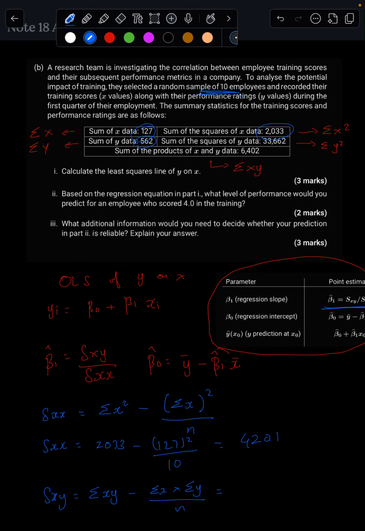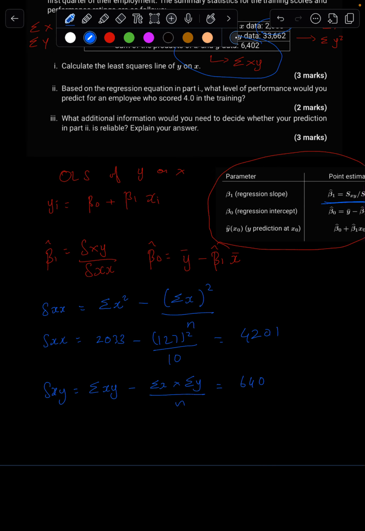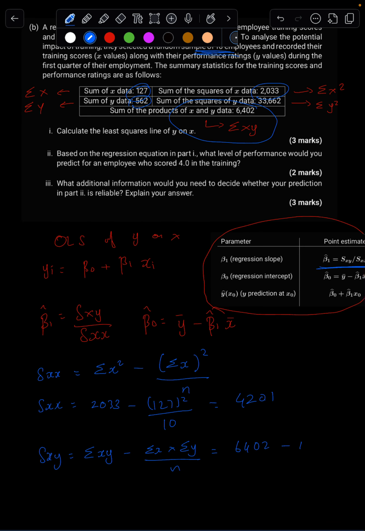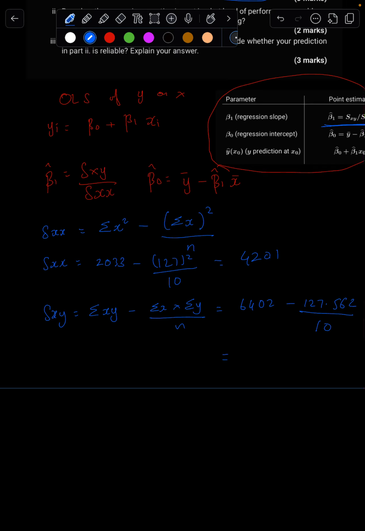The sum of products of x and y is 6402 minus the sum of x, which we know is 127, times the sum of y, which we know is 562, whole divided by 10. When you calculate that out, it's going to be minus 735.2.